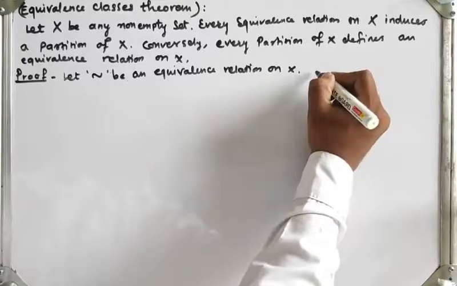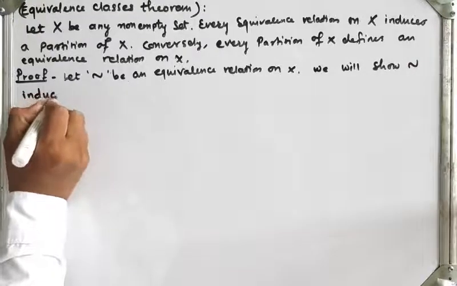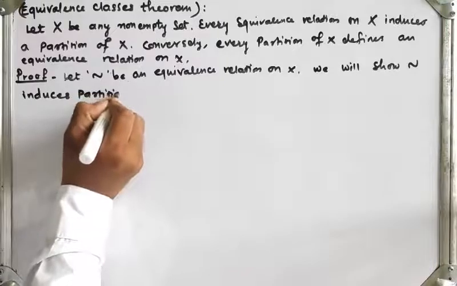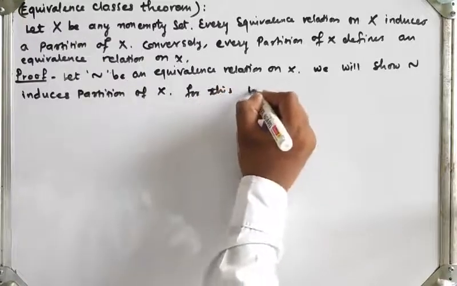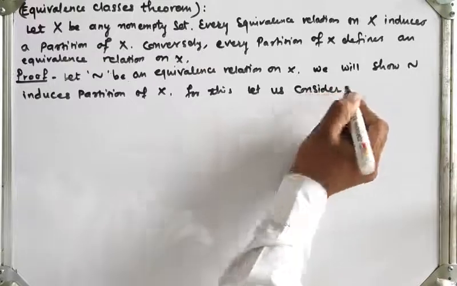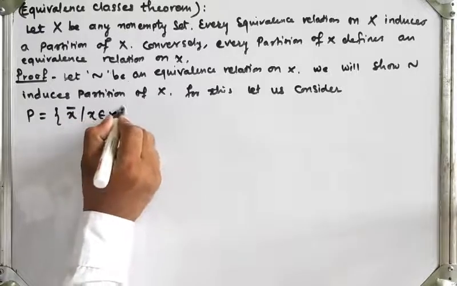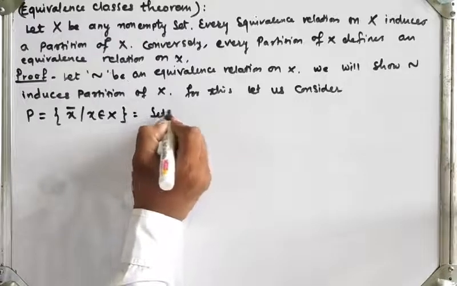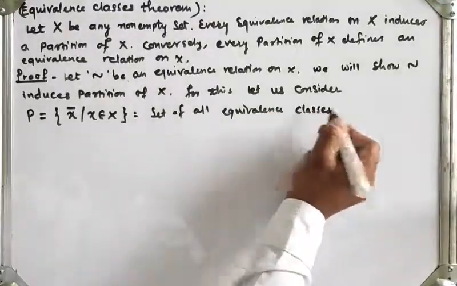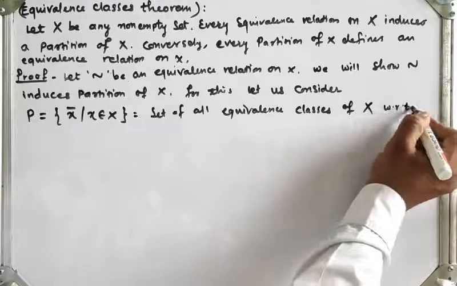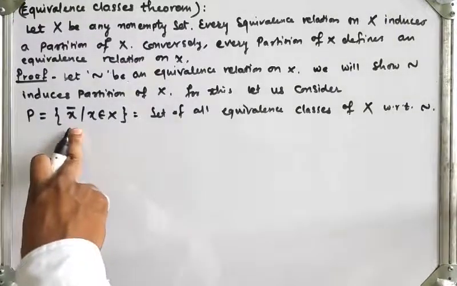So we will show tilde induces a partition of X. For this, let us consider the set P whose elements are the equivalence classes x bar such that x belongs to X, the set of all equivalence classes of X with respect to tilde.